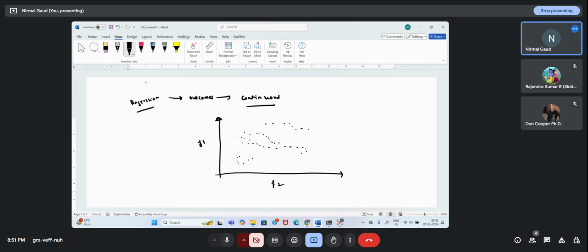Now you want to look out for regression, those data points which will be my outcomes, continuous in nature.